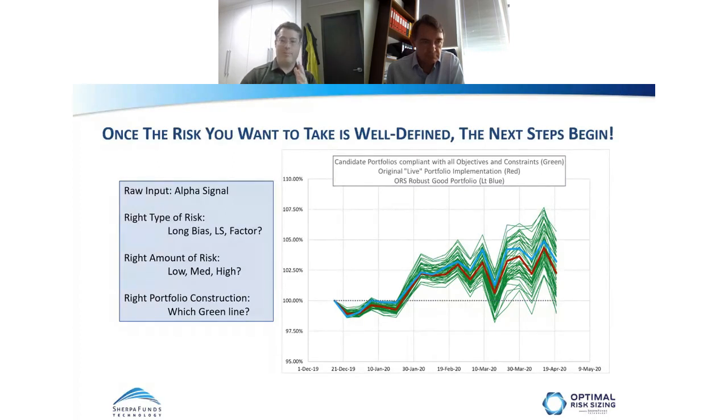And so that's the point of this whole discussion: number one, you need to make sure you're doing what's aligned with what you're selling, with what your investors want, because that's what's going to help you retain and grow assets. But number two, it's a conscious choice.